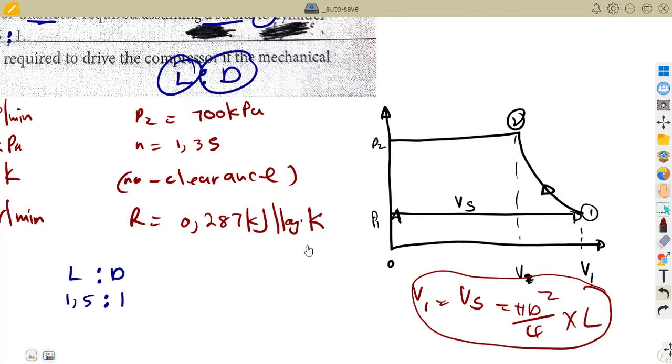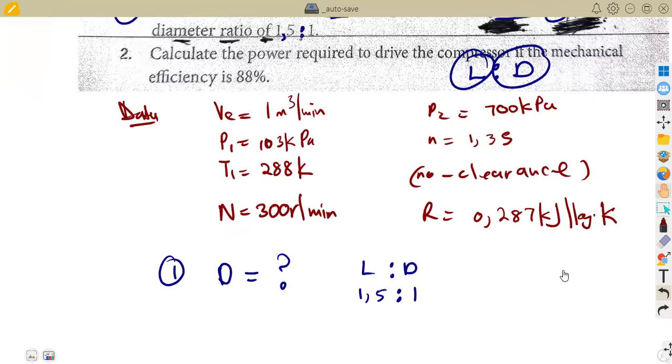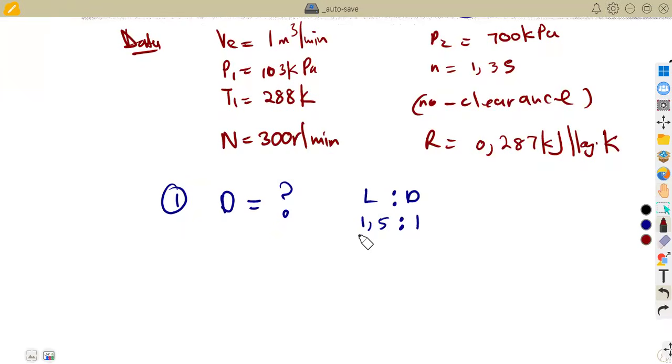I was saying here, we are given a ratio that we need to consider. The ratio states that the length, which is the stroke length, as to the diameter is 1.5 as to 1. Remember, a ratio of L as to D can be given as a fraction L over D, where the length is corresponding with 1.5, the stroke length, and the diameter is corresponding with 1.